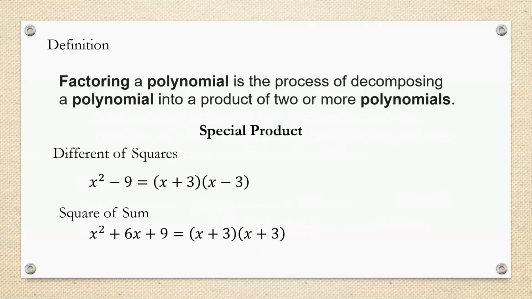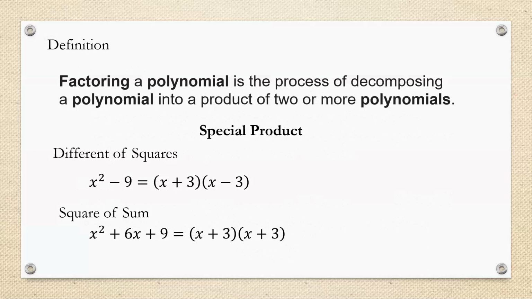The same variables, the same constant, okay, ng binomials na meron tayo. Okay? So, itong square of a sum has a trinomial. Itong difference of squares has a binomial. Kung i-analyze mo, yung x squared minus 9 is a binomial. x squared plus 6x plus 9 is a trinomial.